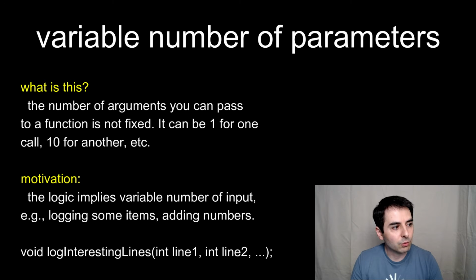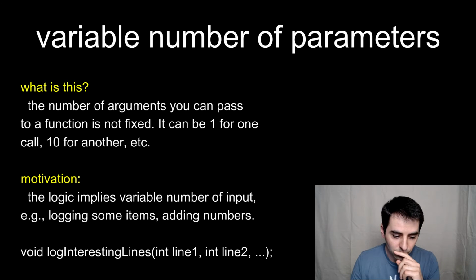let's say we want to log the line numbers. Let's assume our program takes a file name as input and then processes that file. And that file is a text file. It finds some things in the file and then logs the line numbers at the end.